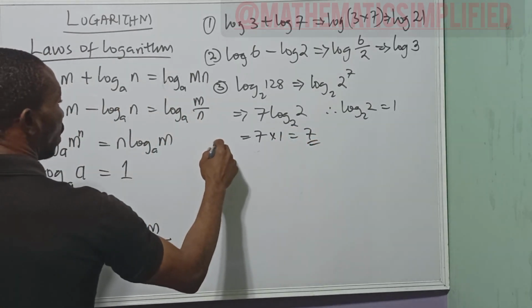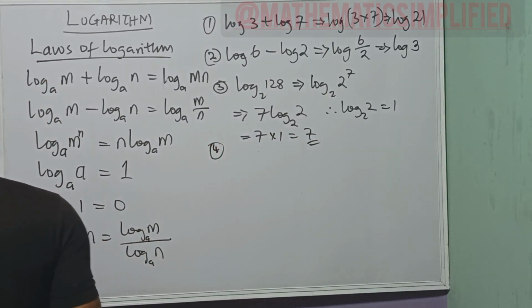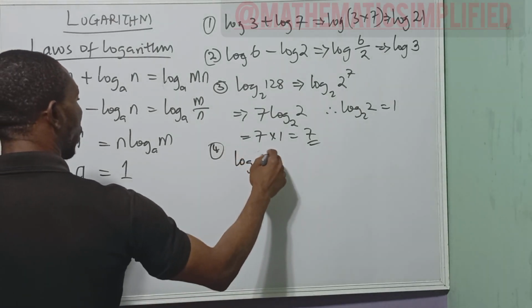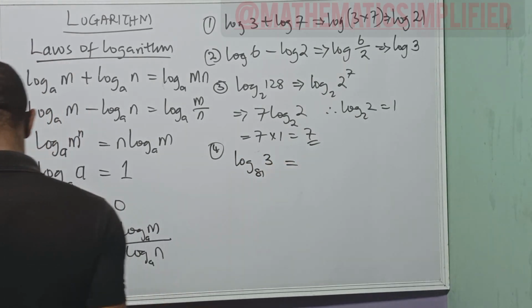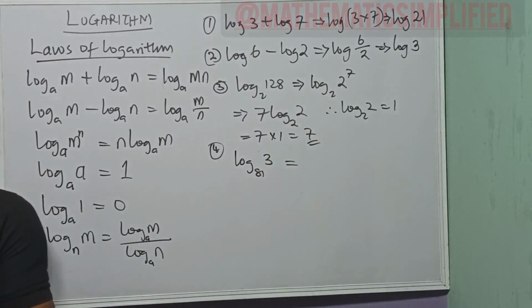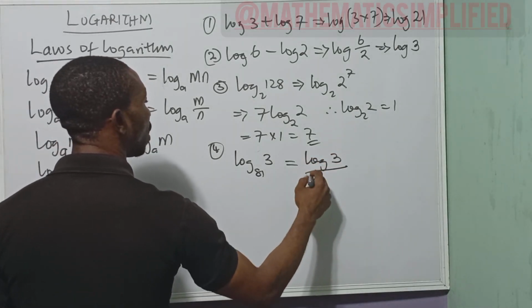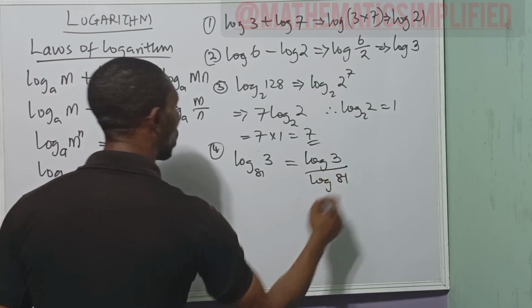Now, in our fourth example, we'll be looking at log 3 to base 81. This is the same as log 3 over log 81.